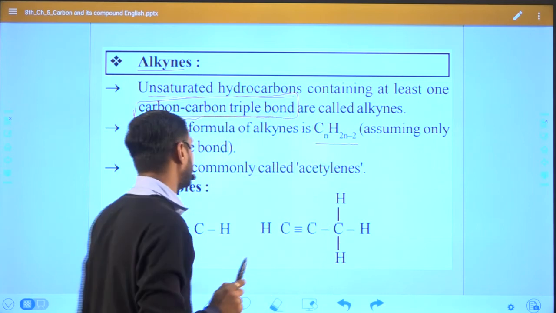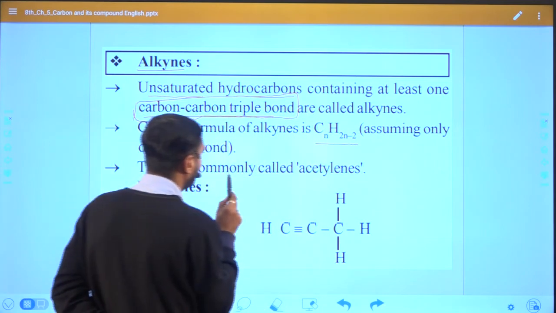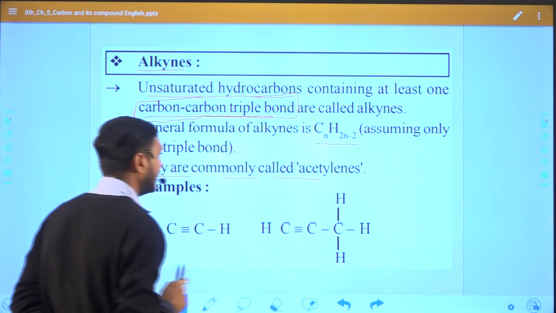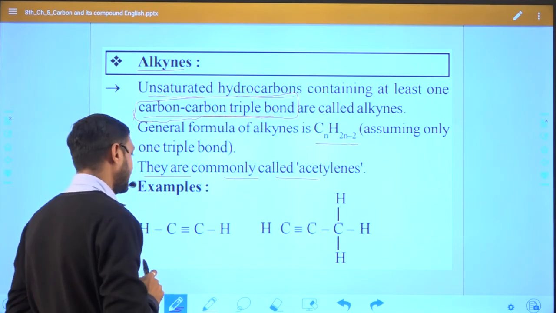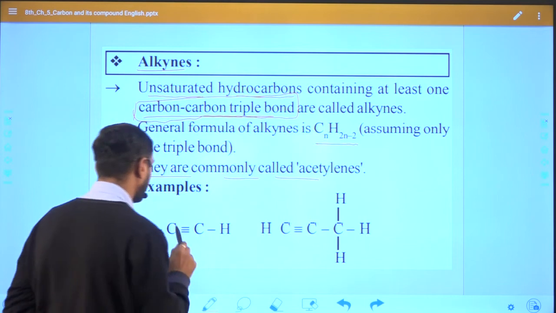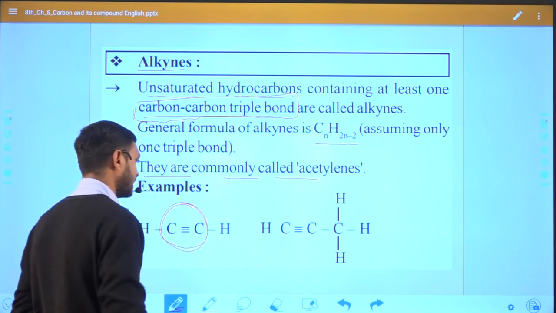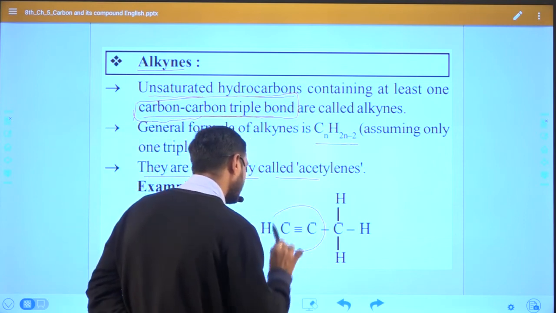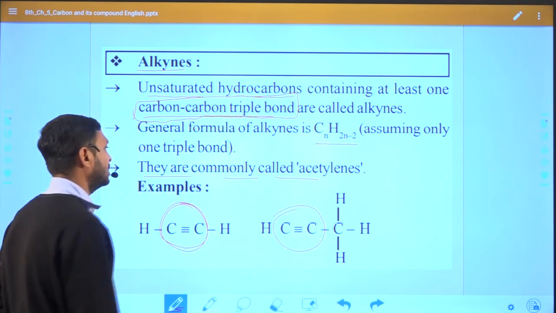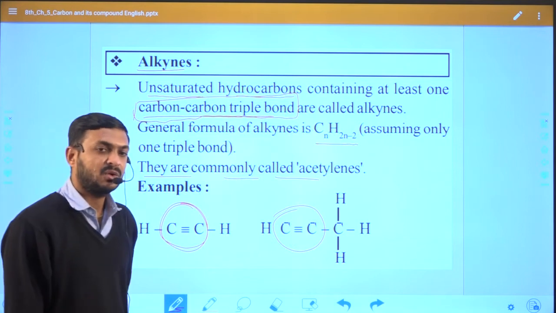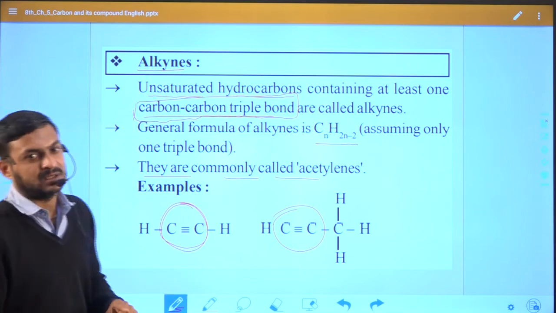This is very, very important. The compound is commonly called acetylene. You can see in both compounds, at least one triple bond is present between two carbons. So this type of compound is known as an alkyne.